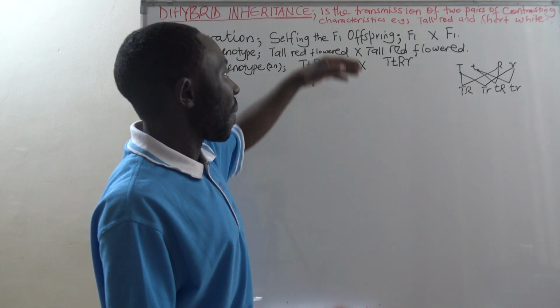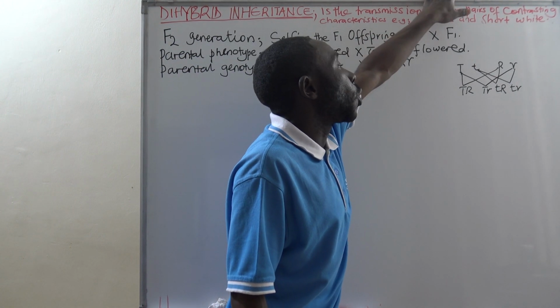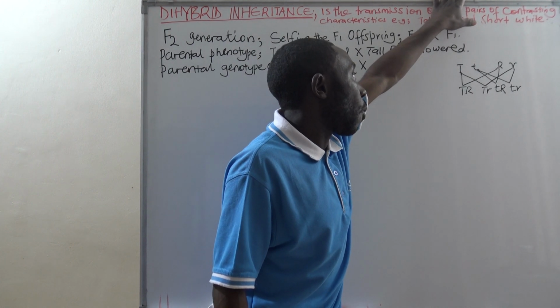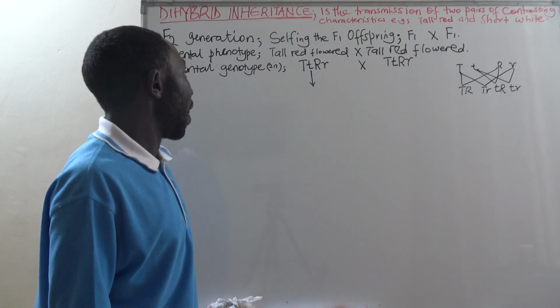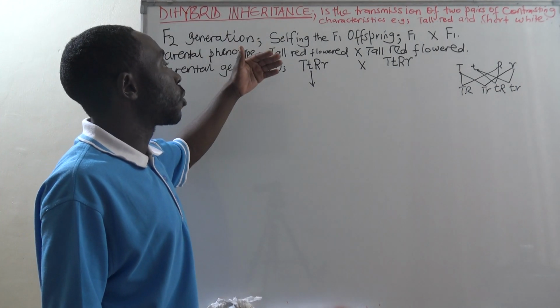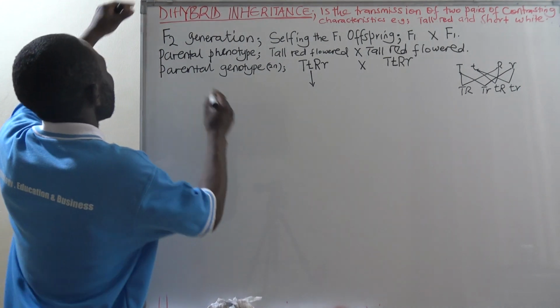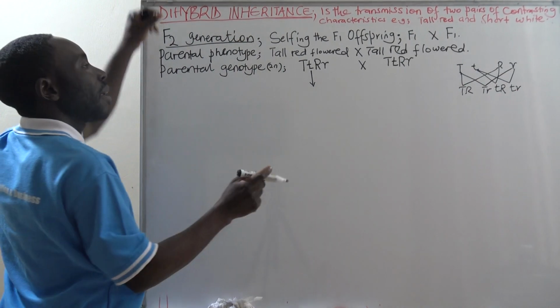And then the allele for red character was also dominant to that for white character. Having known that, we are going to proceed with the F2 generation, as indicated here.